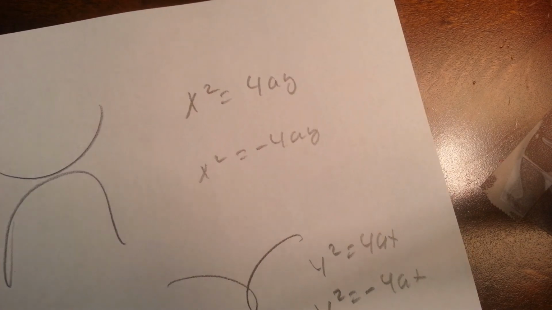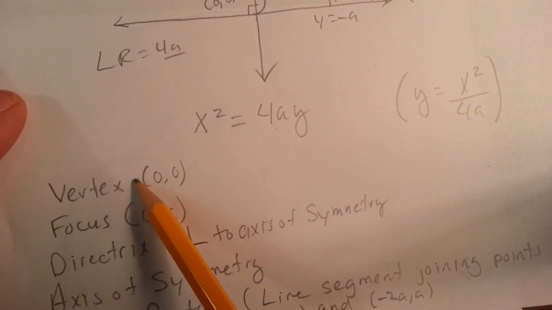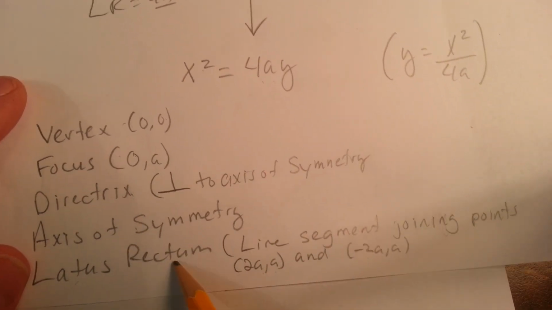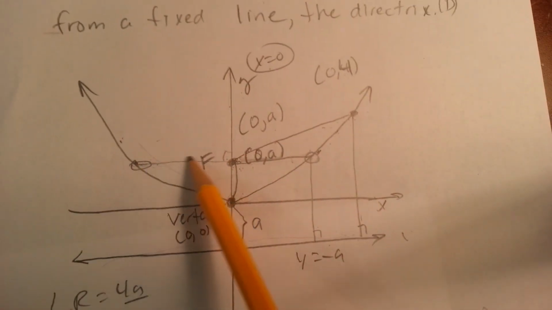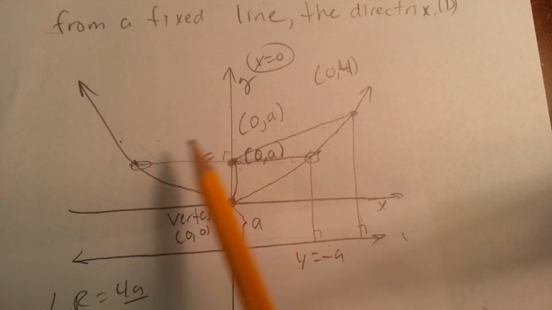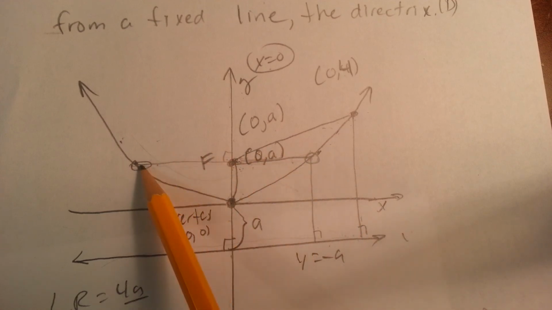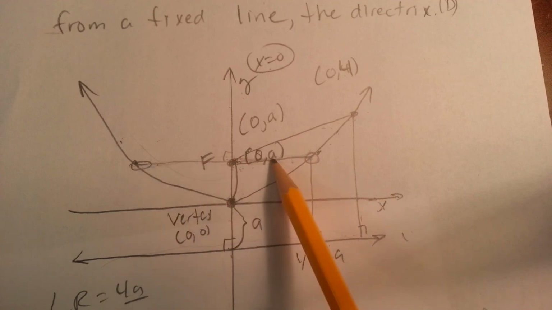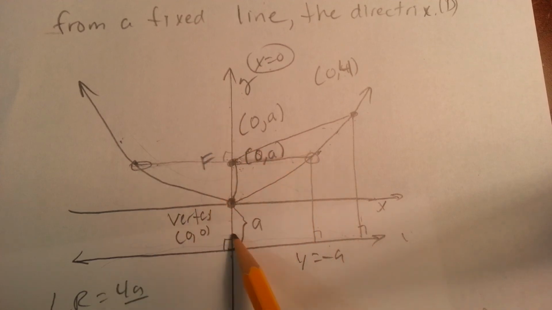And we've talked a lot about vertex, focus, directrix, axis of symmetry, latus rectum. That's the line connecting the 2 points on the parabola when we go through the focus, okay? And it's always perpendicular to the axis of symmetry, directrix, and so on.